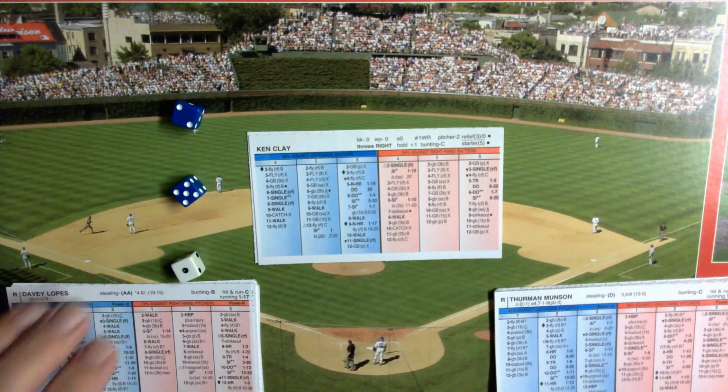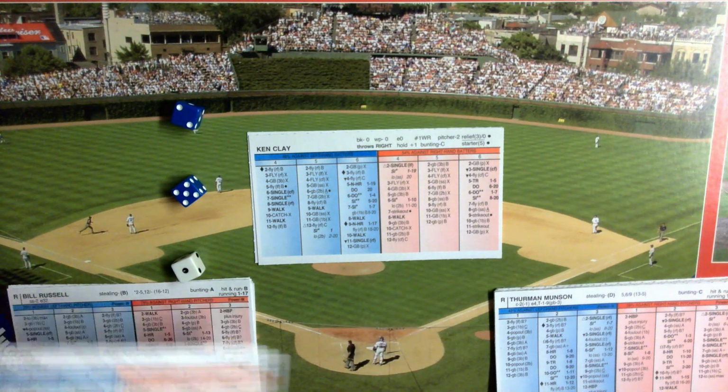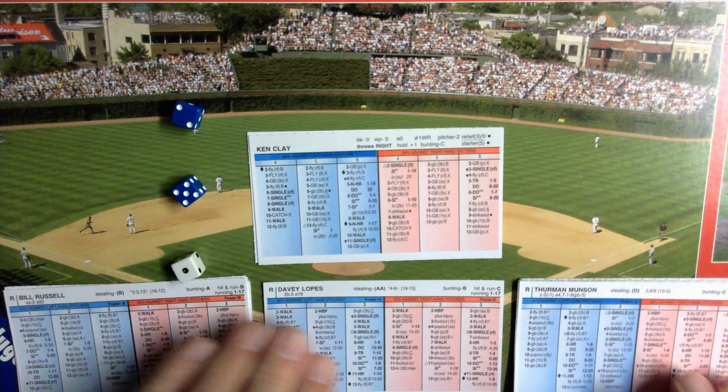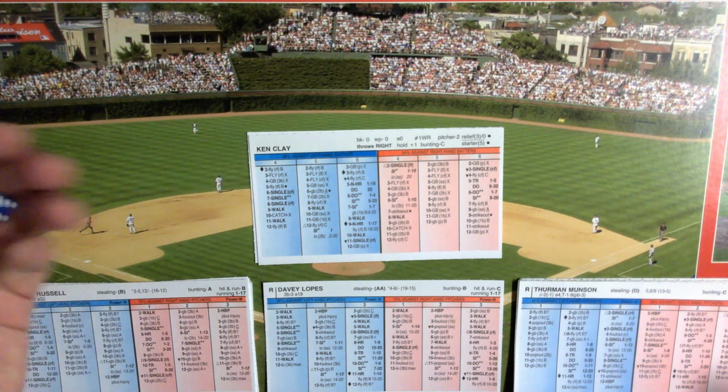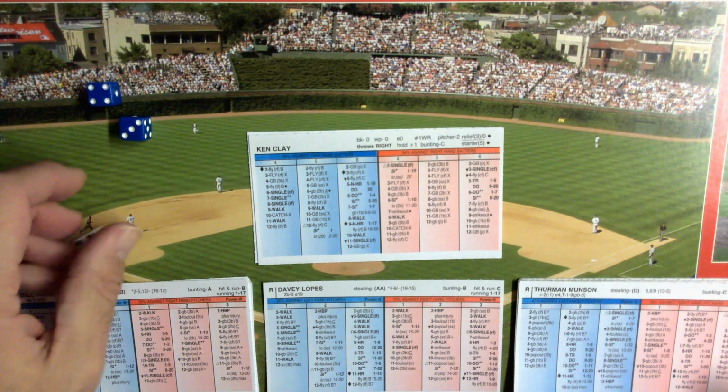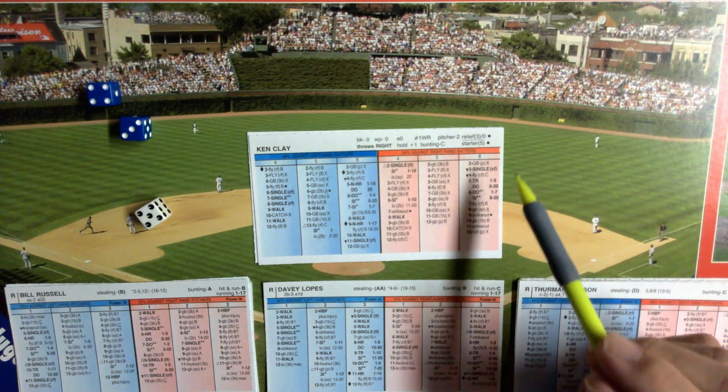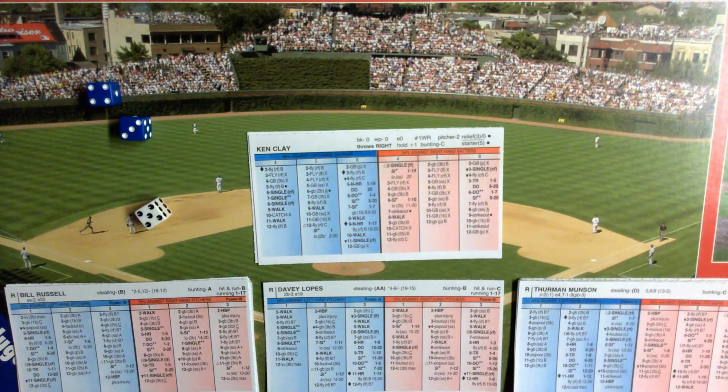So top of the Dodgers order, Lopes is 1 for 1 on the day with a walk in the second. He did have a double, and he did score in the first. That's a 5 and a 7 against a right-handed batter. That's a ground ball, second base X. So we have a ball hit to Willie Randolph. I believe he is a 2 and an 18, which he is.